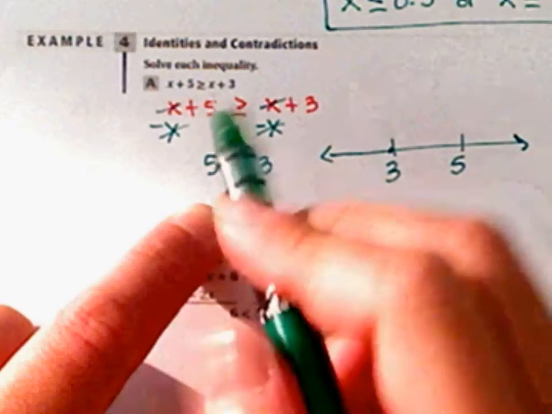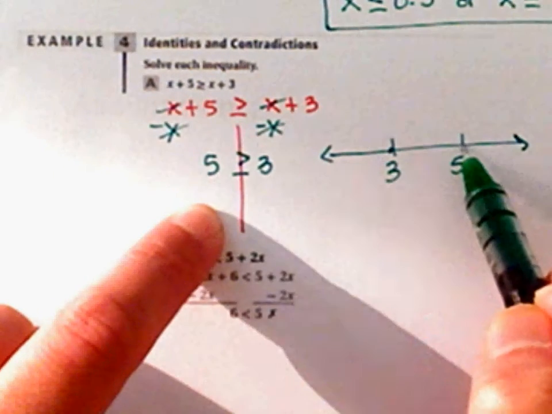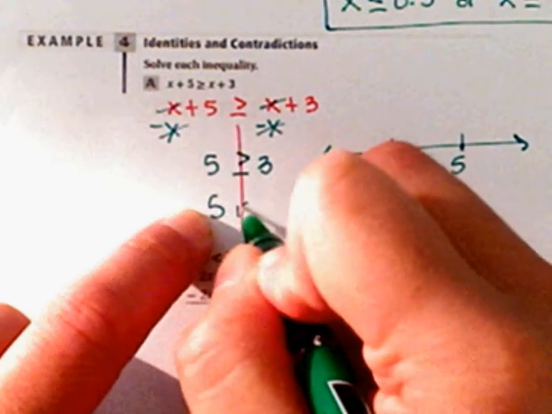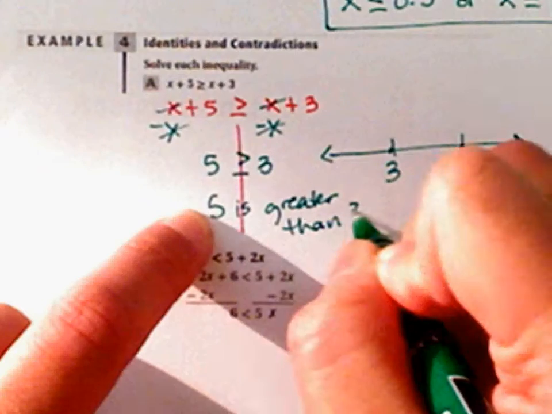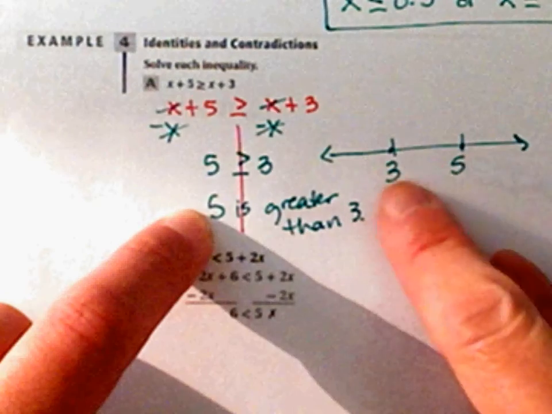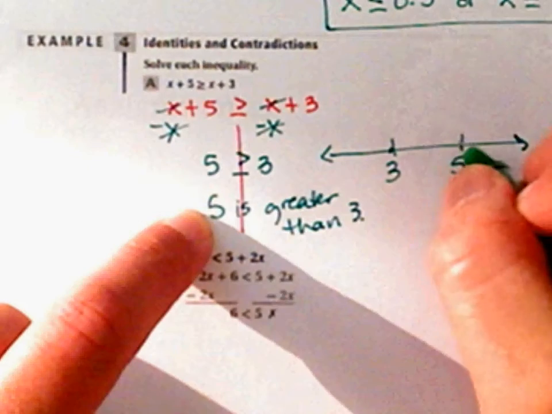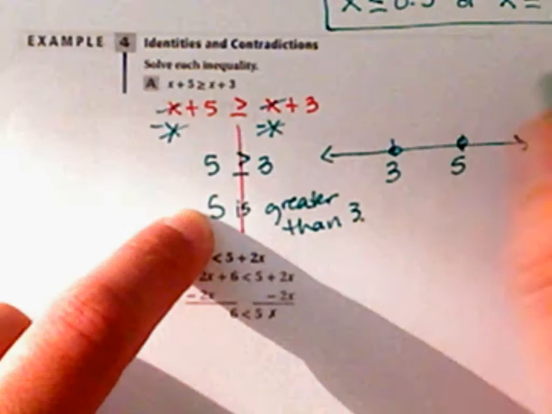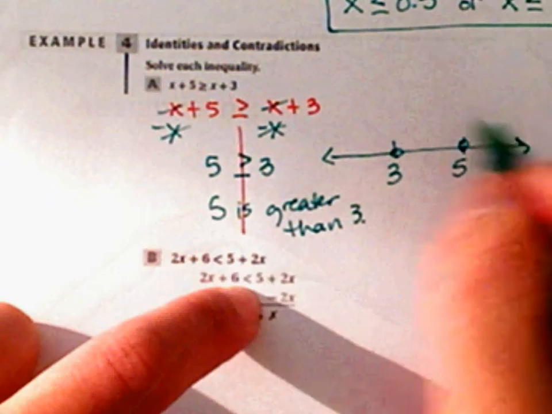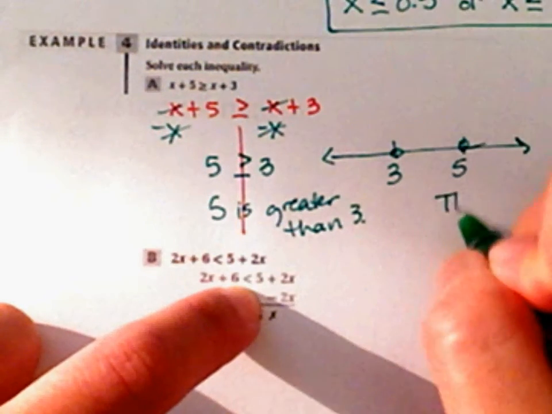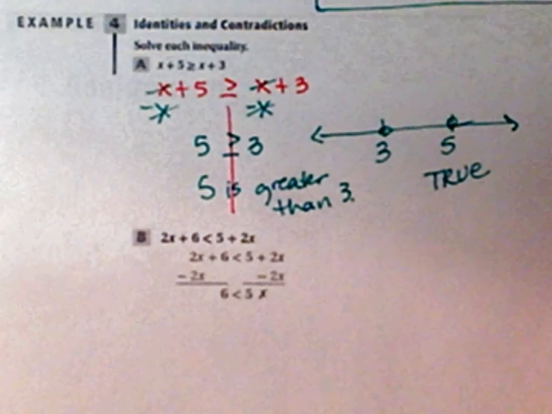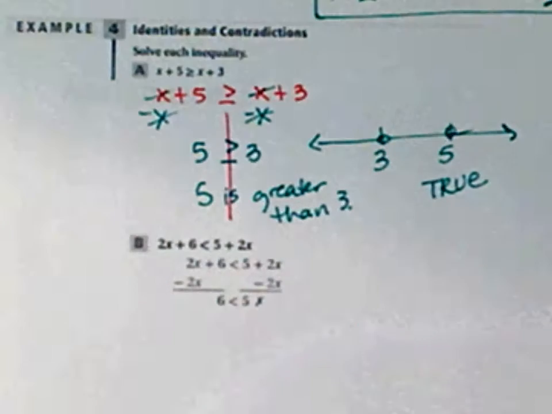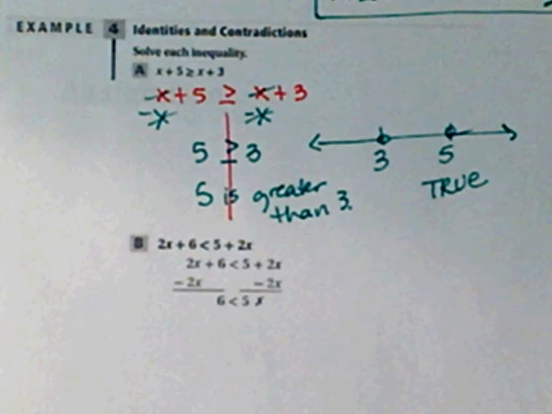It says 5 is greater than or equal to 3. Is 5 bigger than 3? Yes. See it right there? 5 is bigger. So this is true. So your answer will be all real numbers.